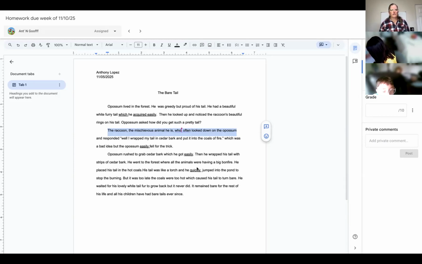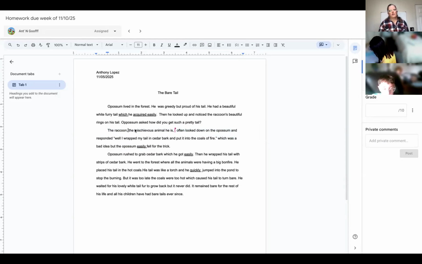Yeah, it doesn't really work right there because remember, it has to go right after what you're talking about. So it needs to go right after the word raccoon. Whenever you add a who clause, it's got to go right after the character. Oh, can I do like the raccoon who often looked down on opossum? You could, but you need more.